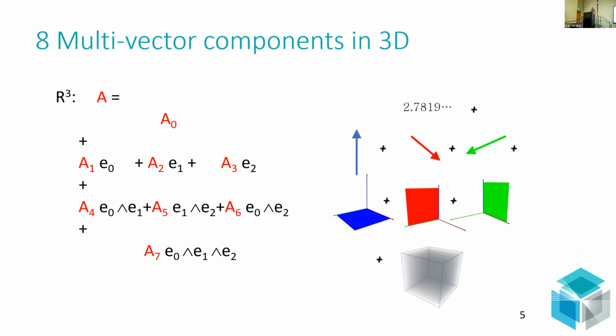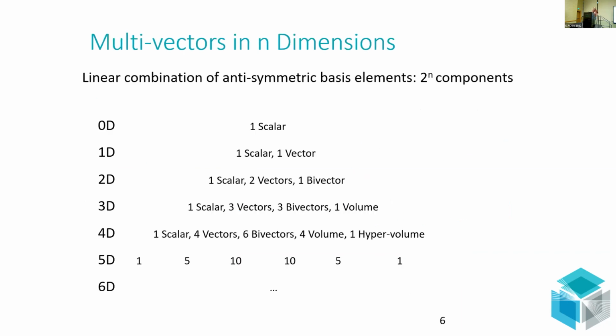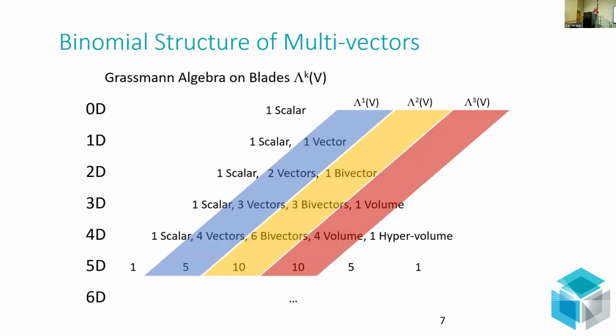It's an 8-dimensional object. And if you play this game in higher dimensions, it's Pascal's triangle. We just add the objects in a binomial form. Like in 3D, we have 3 vectors, 3 bivectors. In 4D, we have 4 vectors, 6 bivectors, 4 volume elements, 1 hypervolume. In 5D, we come to the 5, 10, 10, 5, 1 structure of a multivector.